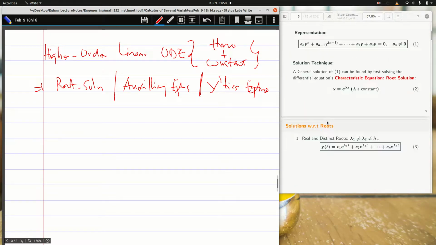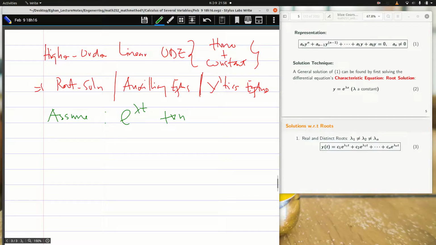It has been proven that for linear higher order ODEs, the assumed solutions will be of an exponential function. And with the principle of superposition, we can have linear combinations of these solutions.